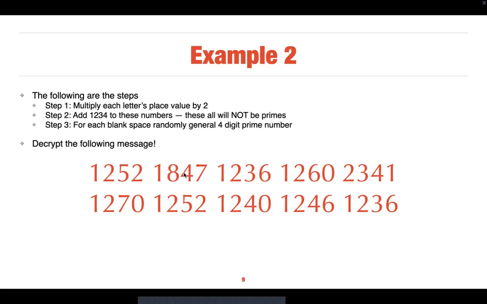The hint is that the second one is a prime number, so it will be a space. So there is a space between the first and third letter. In the same manner, you can try identifying what that string is.